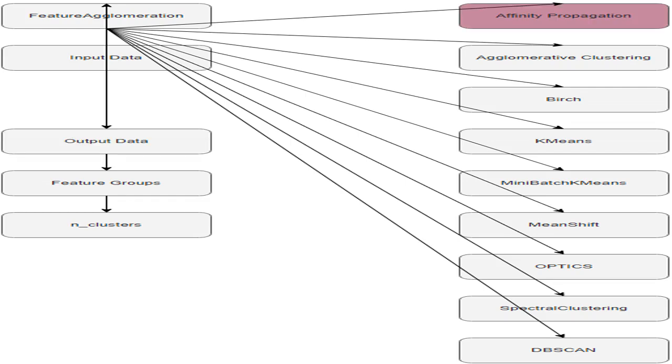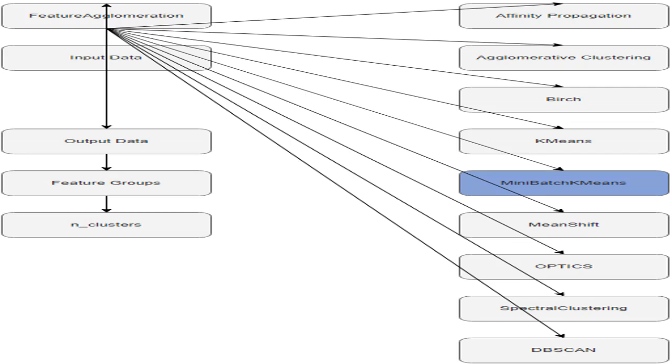Affinity propagation. Passes grouped data to the affinity propagation clustering algorithm. Agglomerative clustering. Passes grouped data to the agglomerative clustering algorithm. Birch. Passes grouped data to the Birch clustering algorithm. K-means. Passes grouped data to the K-means clustering algorithm. Mini-batch K-means.